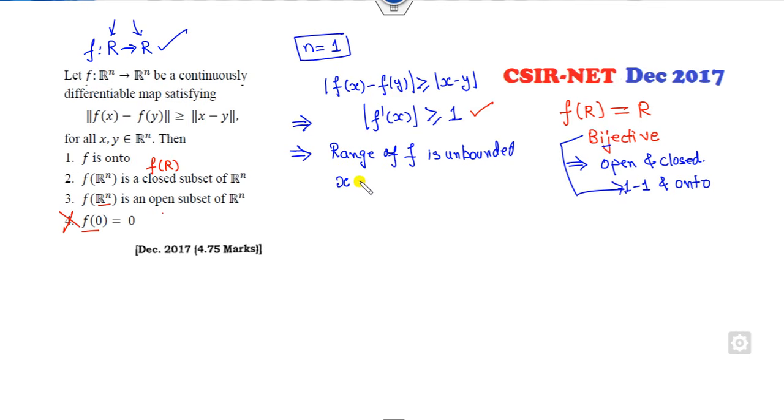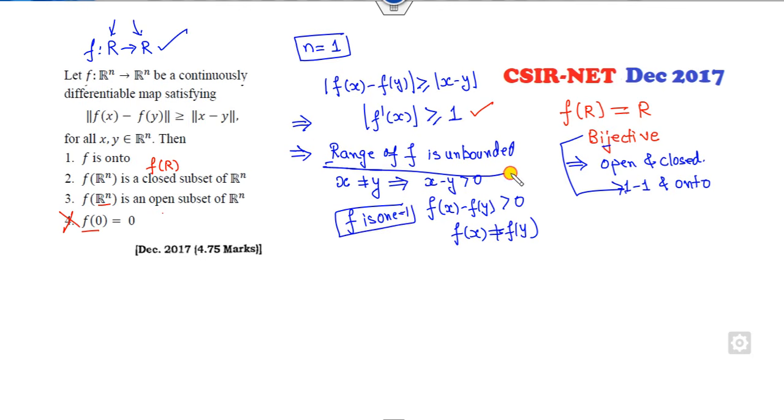If I assume x is not equal to y, what does it mean? x minus y is greater than 0. If x minus y is greater than 0, it means fx minus fy is greater than 0. It means fx is not equal to fy. So this is one-one.